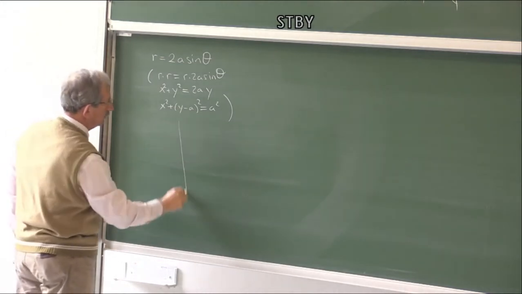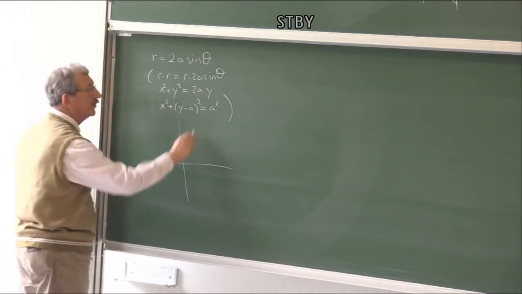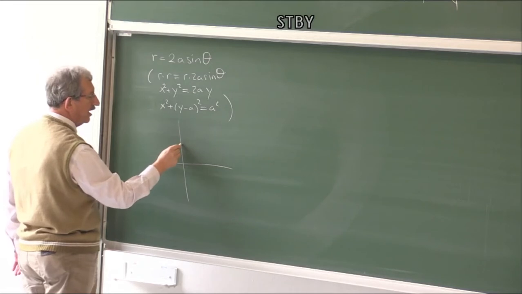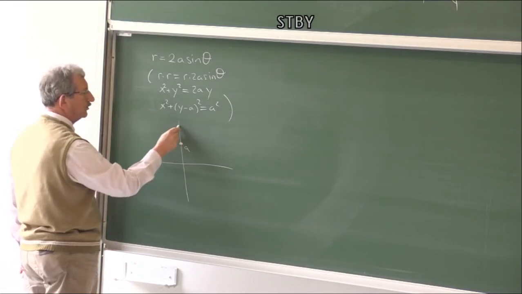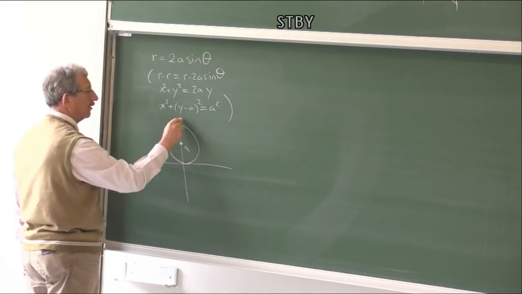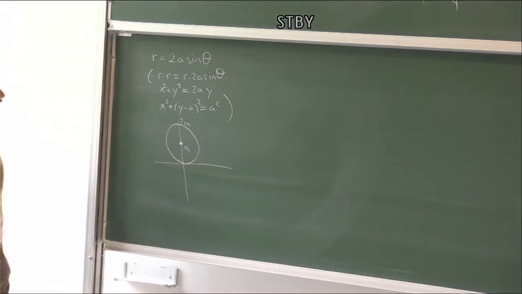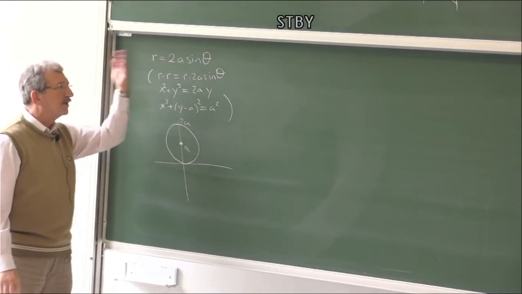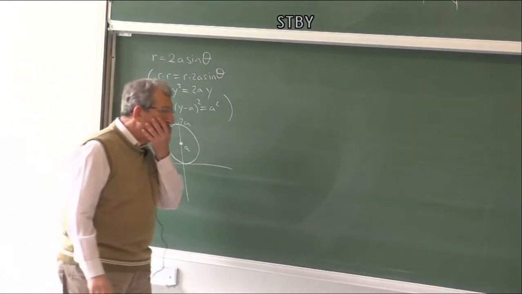So this time it's a circle with radius a, center at (0, a), so it's like this. So the equation in polars is given by this formula.